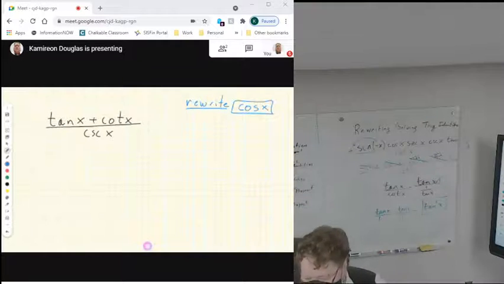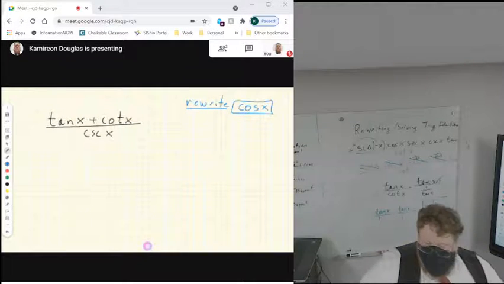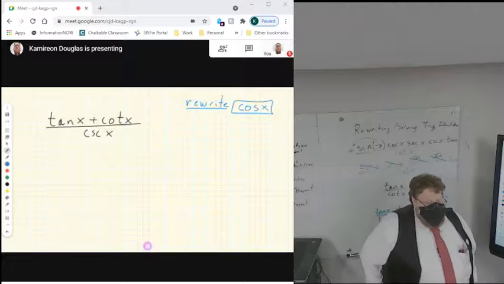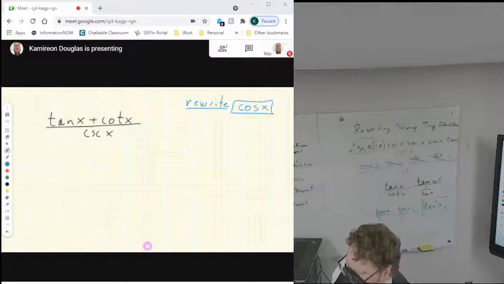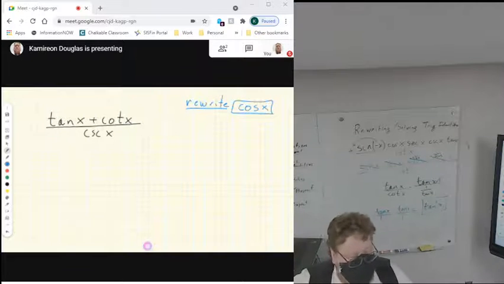That cosecant, wrong. Everything must be a cosine. I have to find a way to rewrite every single part of this problem so that only cosine appears in my answer. Now, it's going to have multiple cosines. Some being added, maybe some subtracted, some being multiplied, some being divided, maybe. I have to find some way to rewrite this function so it has just a single trig function in it.